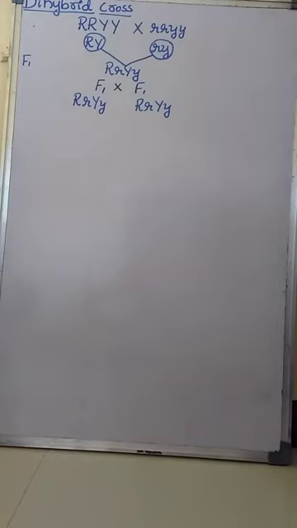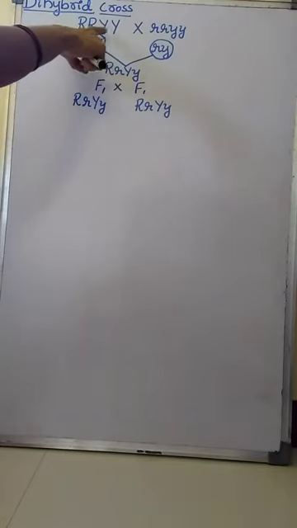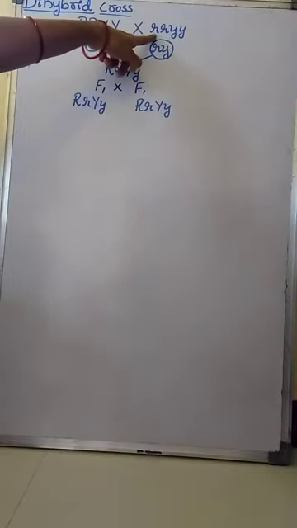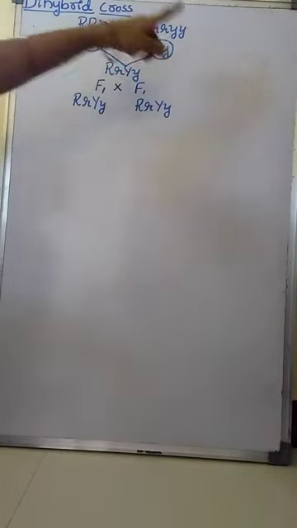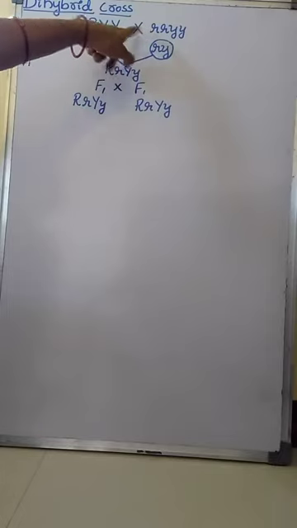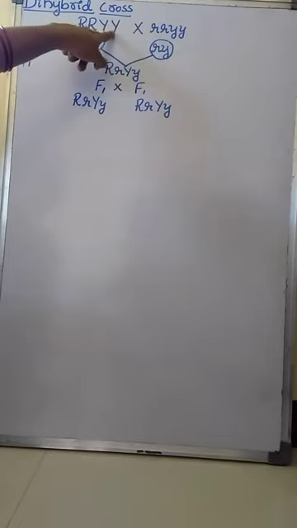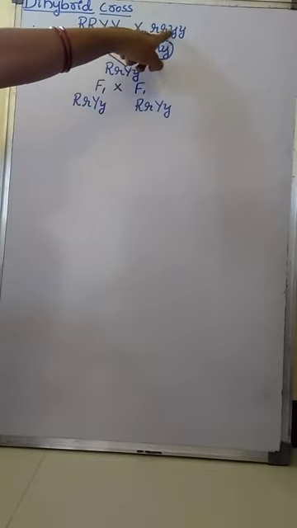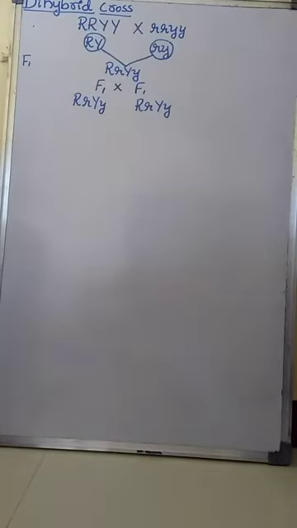Homozygous individual means presence of the same type of genes. For example, see here, capital R, capital R, capital Y, capital Y. This is a homozygous individual. It is crossed with small r, small r, small y, small y. Here, a pea plant having round shaped yellow colored seed is crossed with a pea plant having wrinkled shaped and green colored seed.